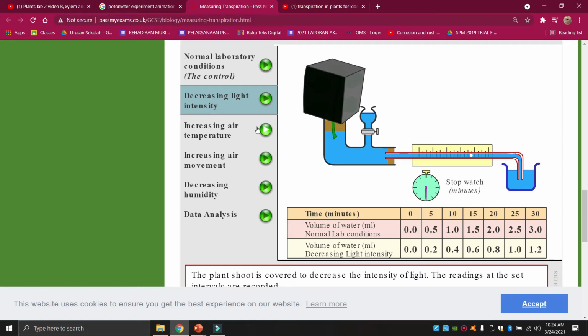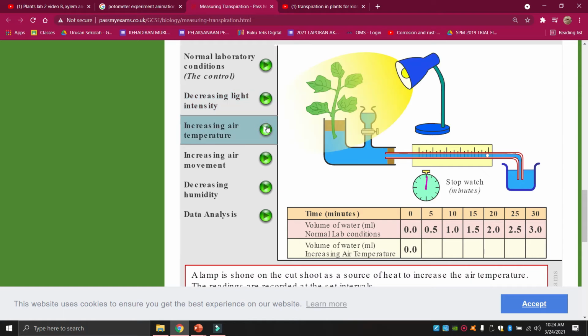Now we move on to what happens when we increase the air temperature. We put the light on the plants there. After 5 minutes, compared to the volume of water in the normal lab, when the air temperature is higher it is 0.6, meaning it absorbs more water.